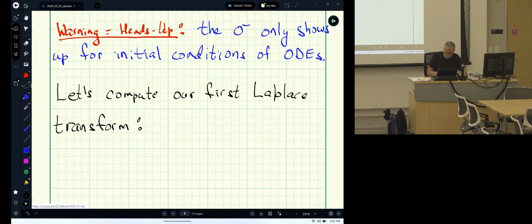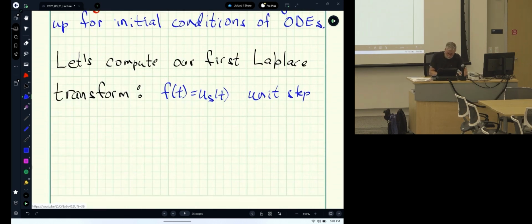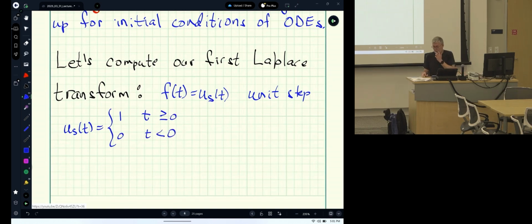Okay, we'll take the function f of t to be the unit step function, and I'll remind you of its definition. Unit step of t is 1 for t bigger than or equal to 0, and 0 for t less than 0.